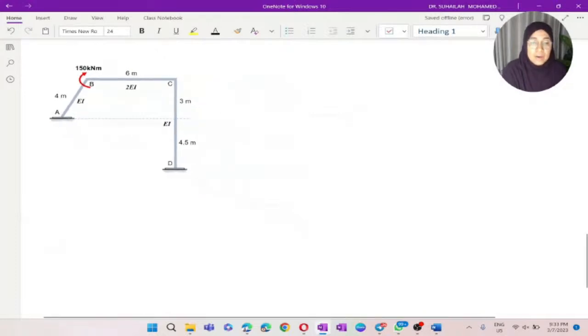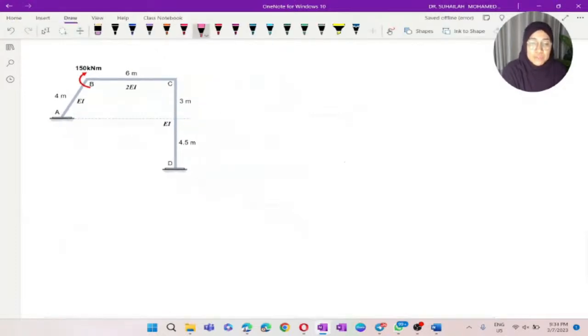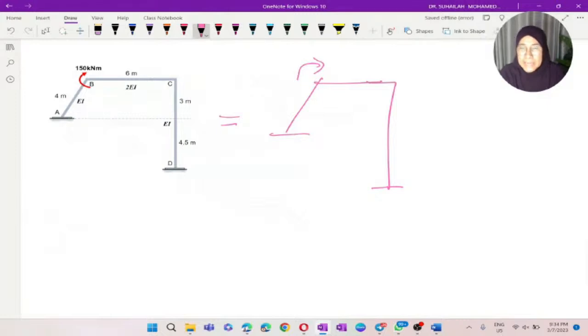From the principle of superposition, when we want to remove delta, we will change this frame to a properly restrained frame.